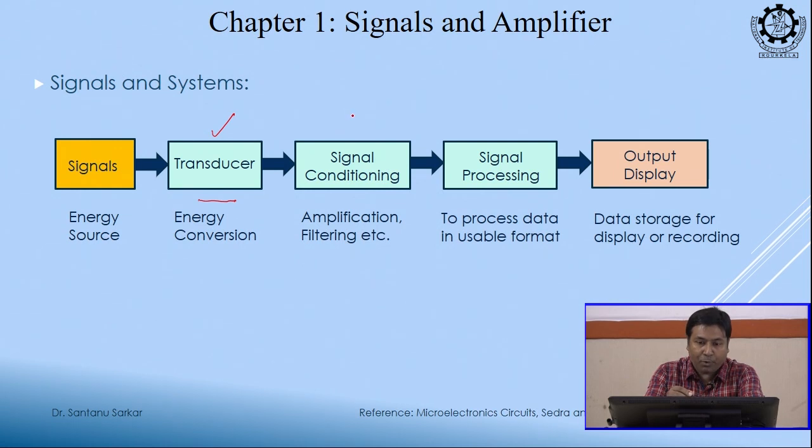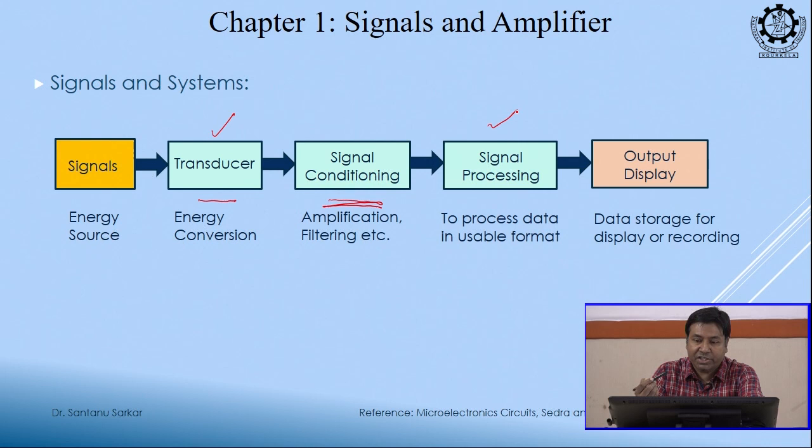All the processing will be done in this signal conditioning, and you can think of different signal conditioning, like amplification and filtering. Filtering may include low pass, high pass or band pass depending on our applications. It may include isolation. All of this conditioning will be put in this block.